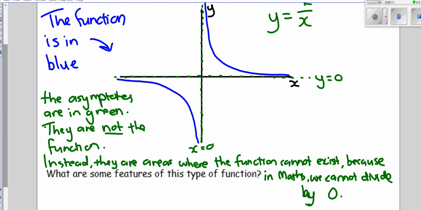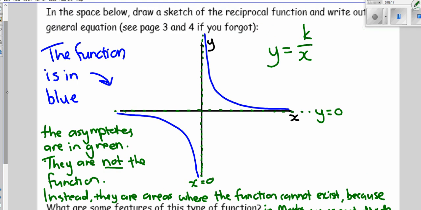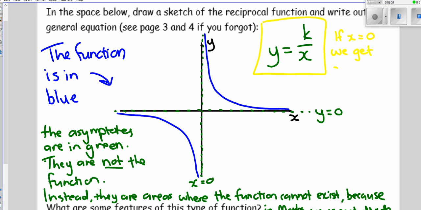Because see the general equation up here, I'll highlight in yellow. Here's the general equation. If x is 0, we get no solution. We get an error on our calculator. If x equals 0, we get an error as we cannot divide by 0.